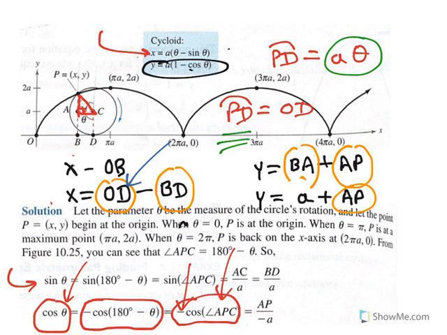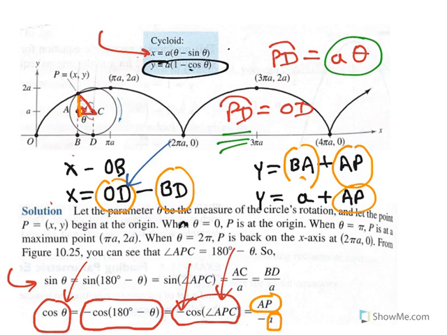So now you can just focus on the right triangle APC. Cosine of angle APC is adjacent over hypotenuse. The length of the adjacent side is the distance from A to P. And the length of the hypotenuse is, of course, A.